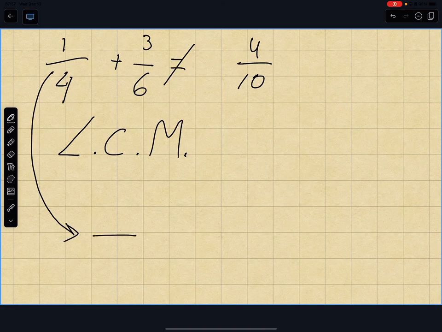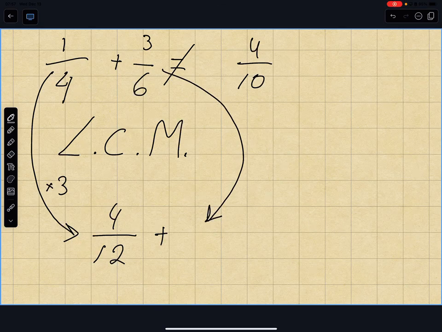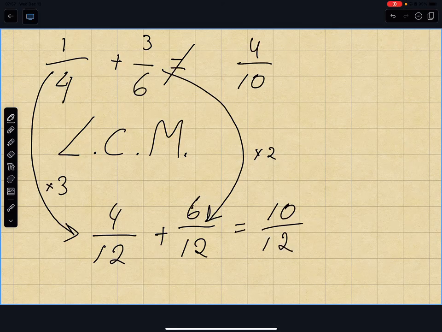One I know of is 12. So I multiply the 4 with 3. And then I multiply the 6 with 2. And then you get 10/12.